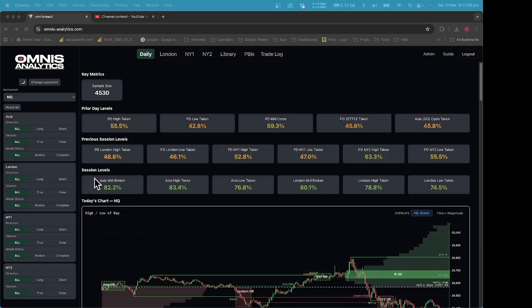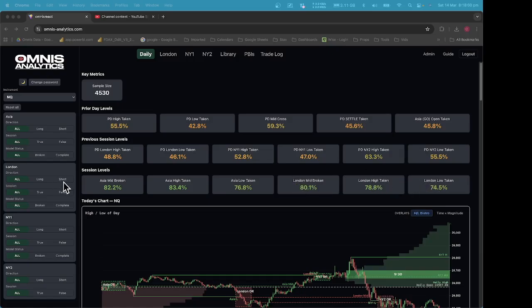And the third row refers to the current day's session levels, their extreme hit rates and model integrity, right? So here we have Asia mid broken, which refers to the Asia model status, Asia high taken, Asia low taken, the London mid broken, in other words its model status, the London high taken and the London low taken.